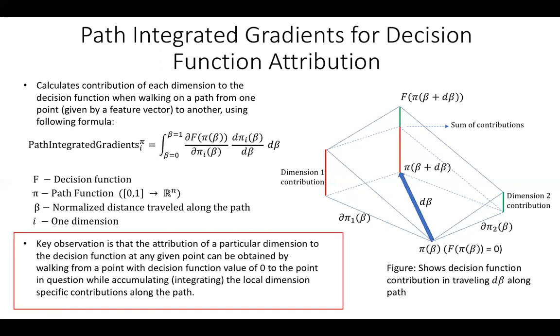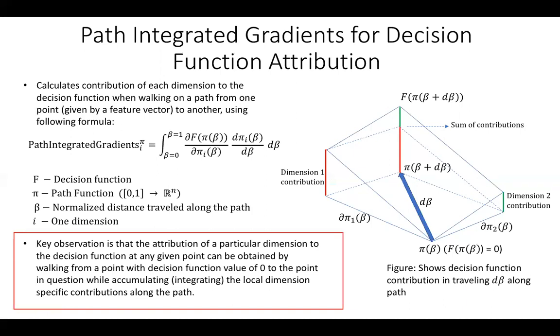If we just travel along the dimension 1 projection of the path, d pi 1 of beta, we see a contribution to f amounting to what is shown in red. If we just travel along the dimension 2 projection, the contribution is what is shown in green. The total value can be seen as the sum of contributions of the 2 dimensions 1 and 2.